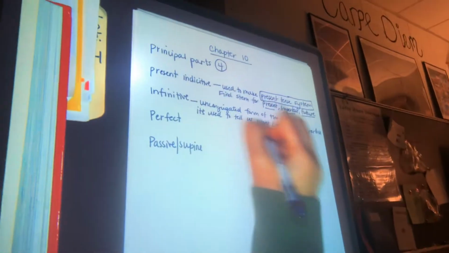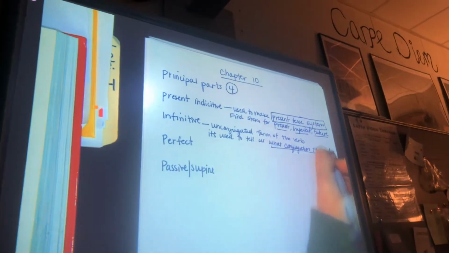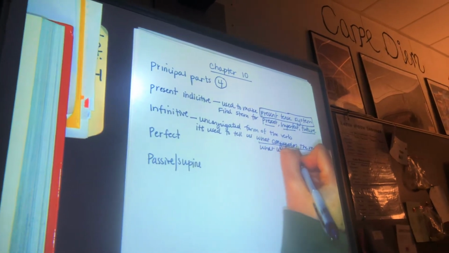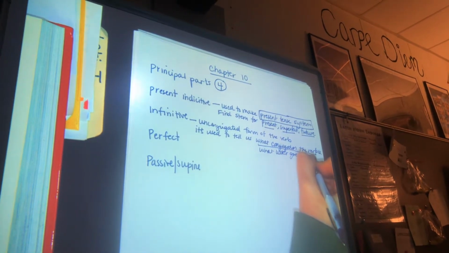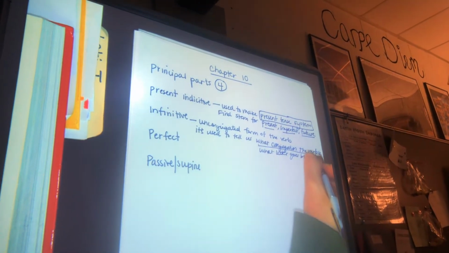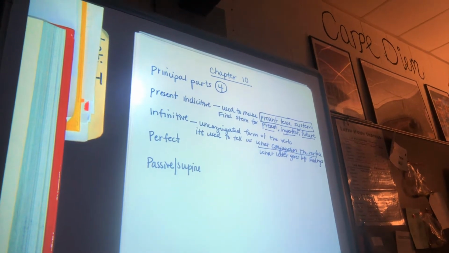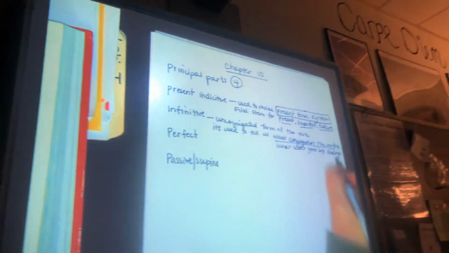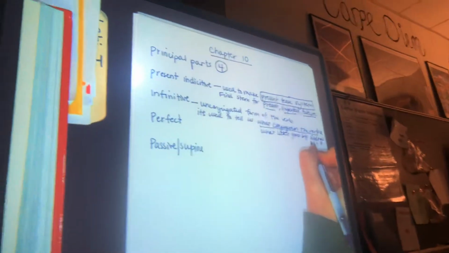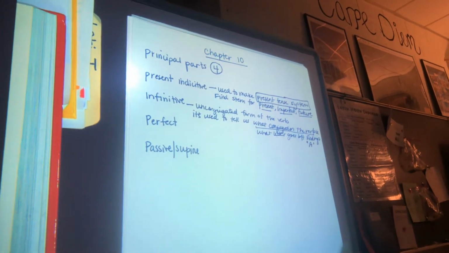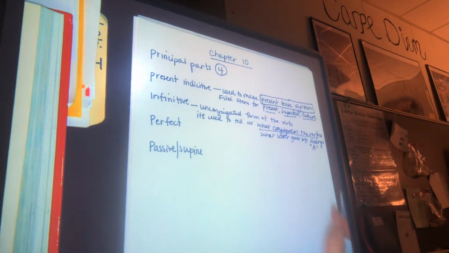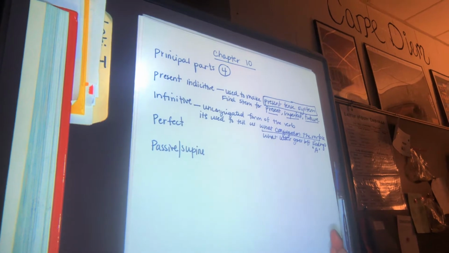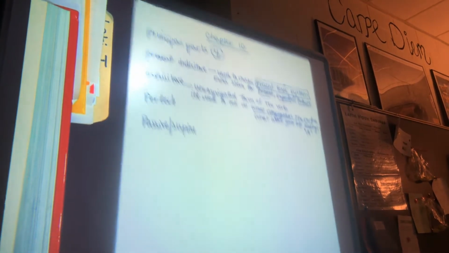And essentially what this means is what letter goes before the endings. So far up to this point, what letter has gone before our endings? A, right? In Latin too, we're going to get verbs that are of the second conjugation, and their infinitive will tell us that we put e's before the endings.